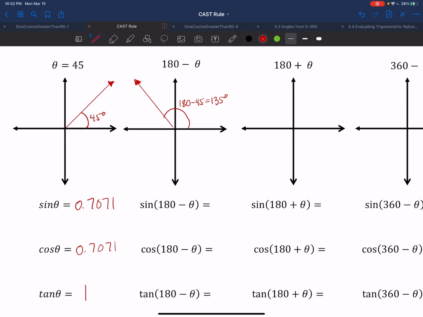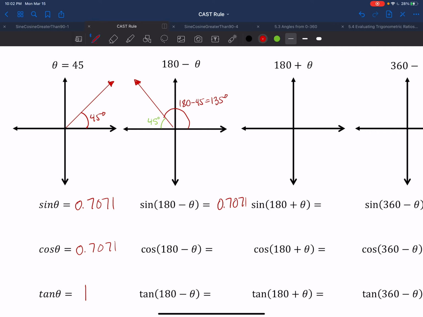So the sine of 135 will be the same number because it's 45 degrees away from the x-axis. And positive because it's in the second quadrant.